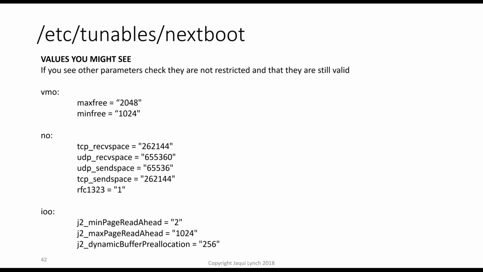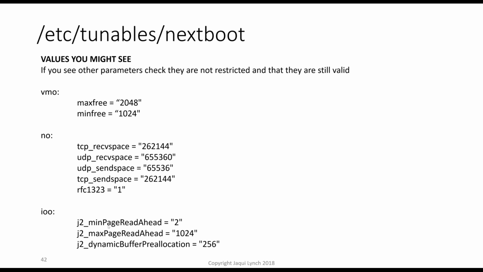I always have some network tunables in there. I'm not going to go into the network, but these are basically the settings that are starting points for a 1 gigabit network. And this RFC 1323 equals 1 needs to be on anytime any of the TCP parameters are greater than 64K, which they are.